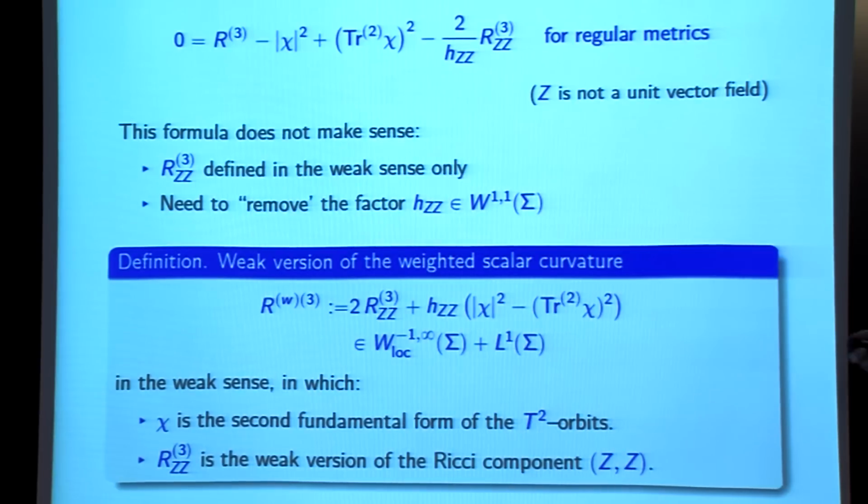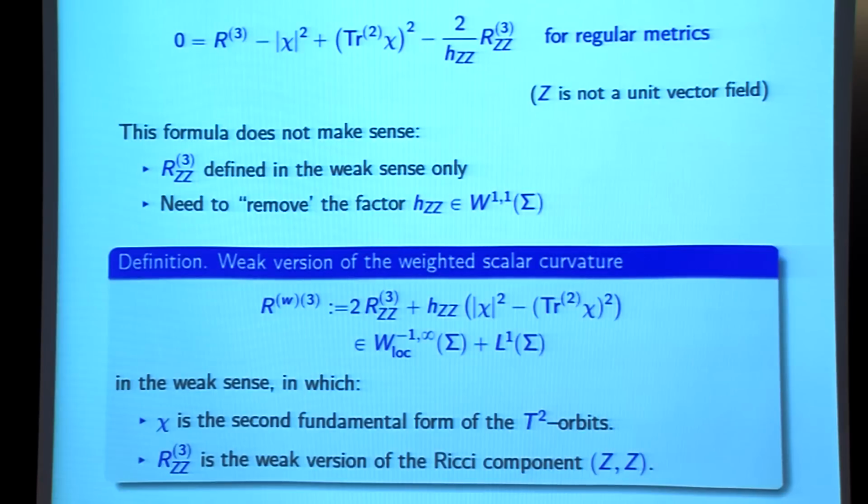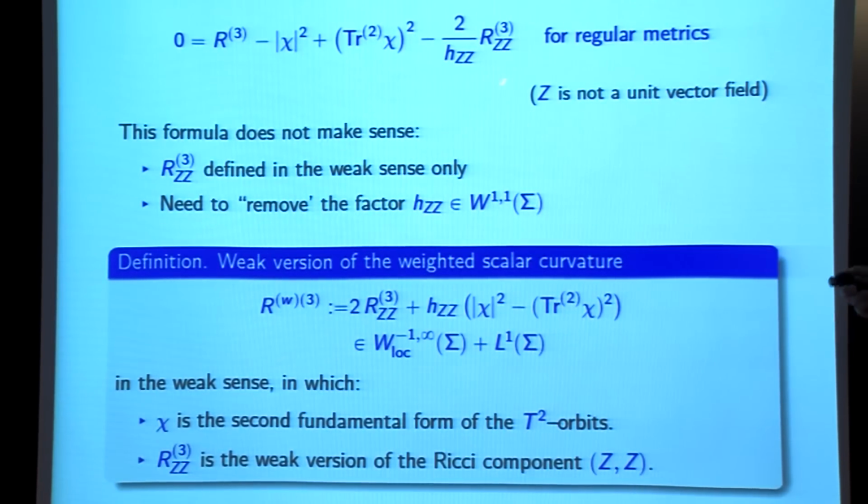So what we are going to do is remove, in some sense, this factor HZZ, which is only W11, by multiplying this equation and rewriting it in a different way. Algebraically, if everything is smooth, I'm just doing trivial calculations, but it's important when it is not smooth. So we remove this factor HZZ by multiplying this equation, and this is what we get.